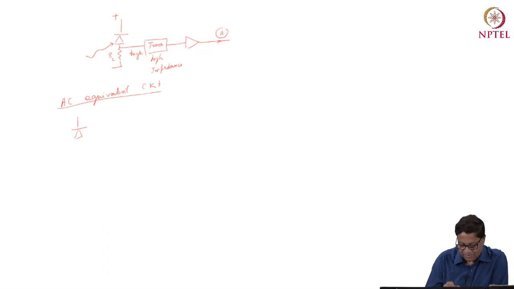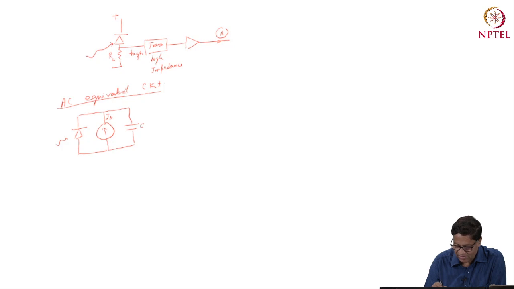This is the photodiode, and this is the current which got generated because of the power here. Let me call this current IP, photocurrent, and this is CD, the capacitance of the diode.